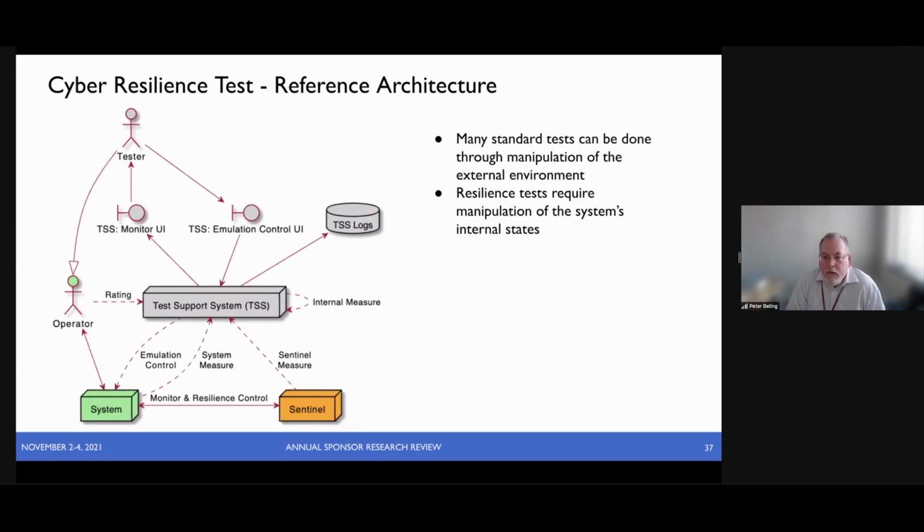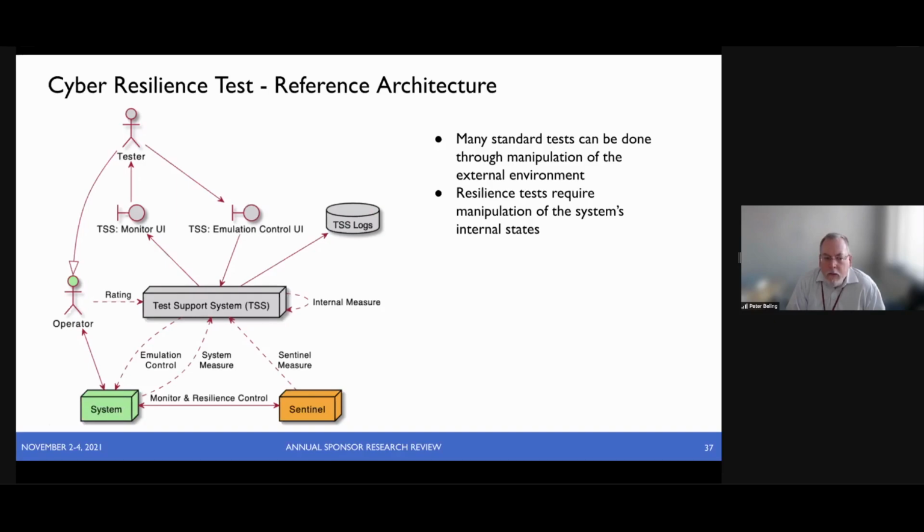With cyber resilience, in something like a weapon system, what we're attempting to understand and test is how the system responds to its internal states finding themselves suddenly in an undesirable position, or something they weren't designed to operate in this particular state.